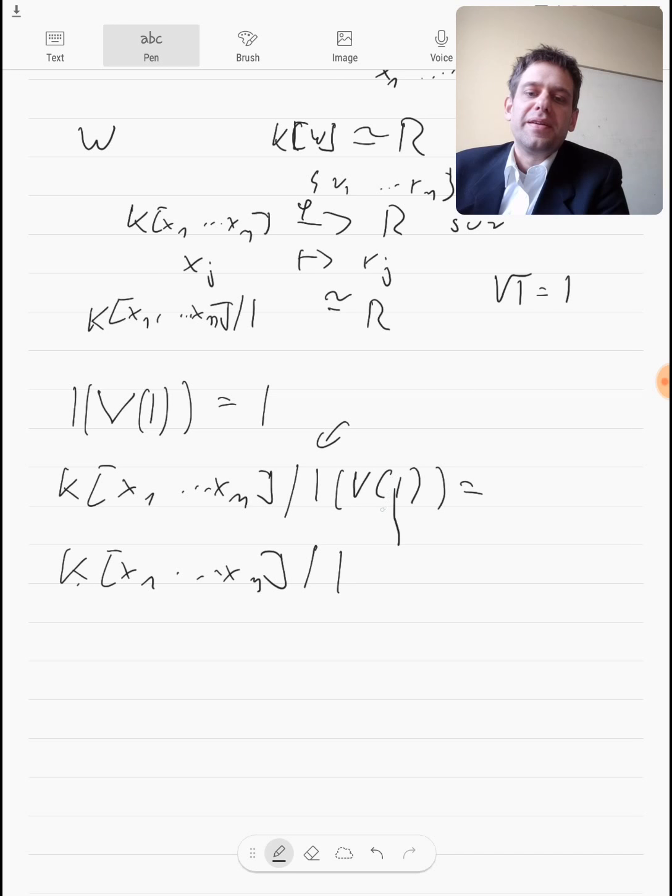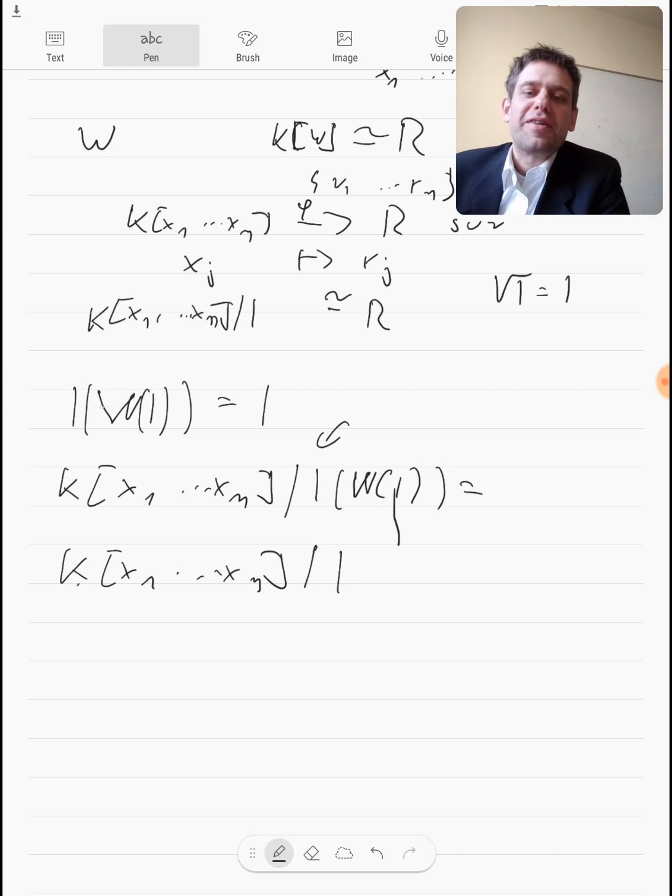So we have found a variety. Oh, I have messed up notation again. This should be W. And here also.